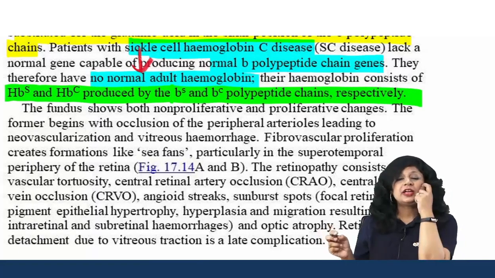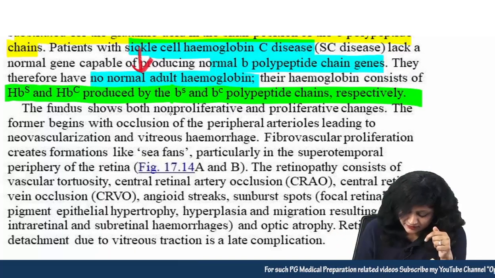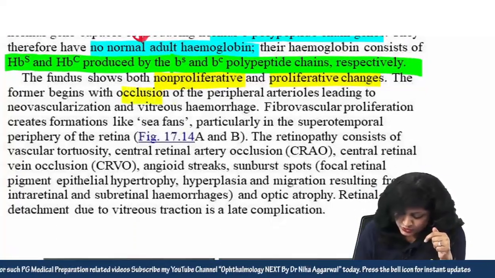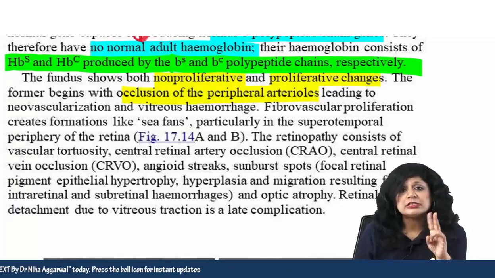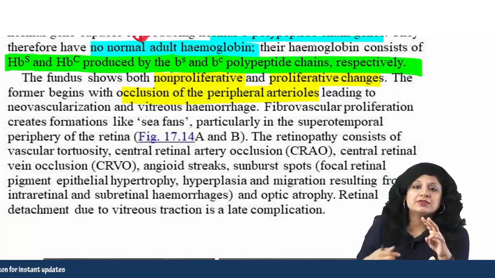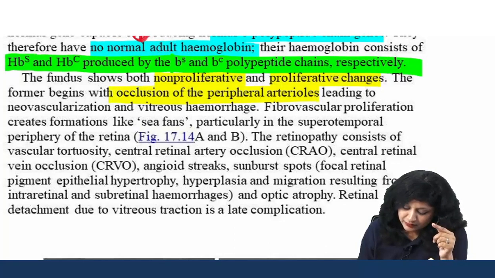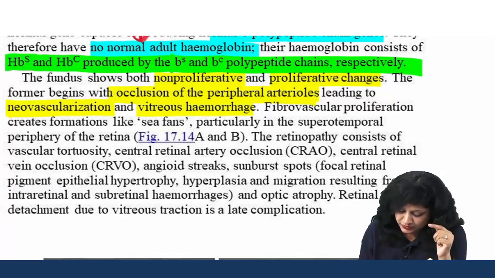So what kind of fundus changes are we going to expect in this patient? This patient has non-proliferative as well as proliferative changes. The non-proliferative begins with occlusion of the peripheral arterioles. In the proliferative stage, we have neovascularization as well as vitreous hemorrhage.